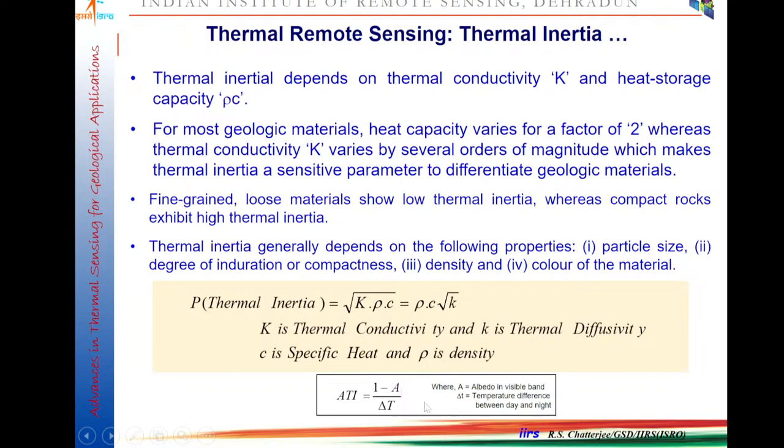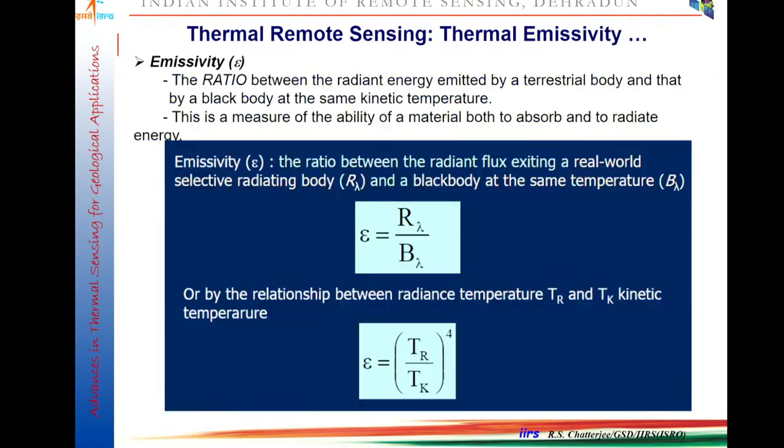It gives you the resistance, isn't it? The energy available to the material to change the temperature, and how much the temperature changes. That ratio in fact tells you the thermal inertia. This thermal inertia is very important for characterizing geological materials. Okay, I have shown in the previous slide how thermal inertia is different for different rock materials.